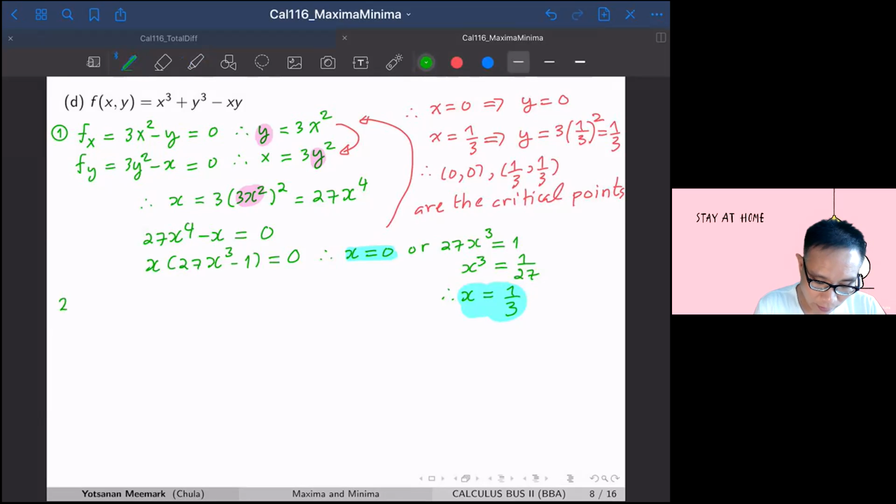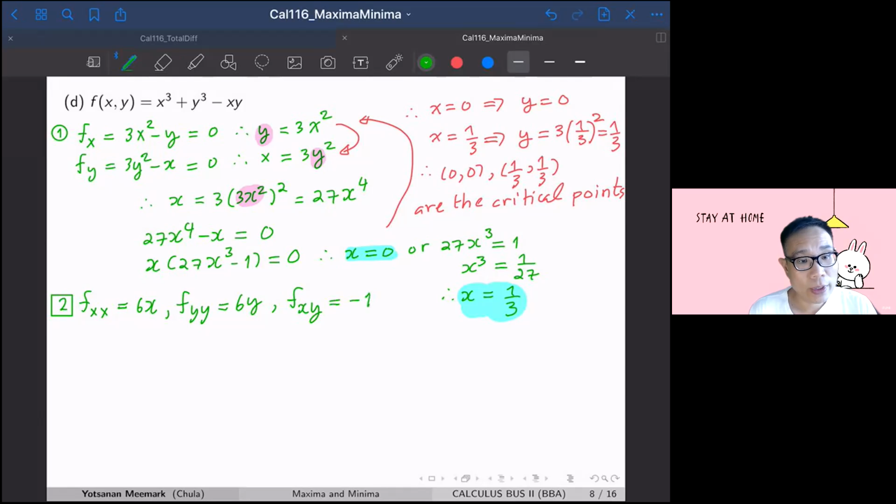The second step, you need to compute the second derivative. You take a look here and there, so you see that fxx equal to 6x, fyy equal to 6y, and fxy, which is fx with respect to y, equal to -1.